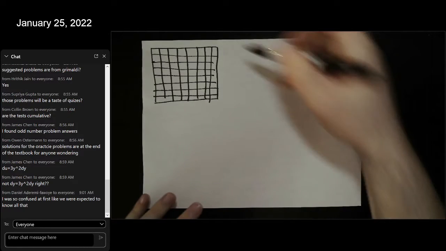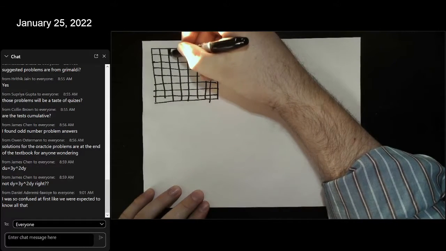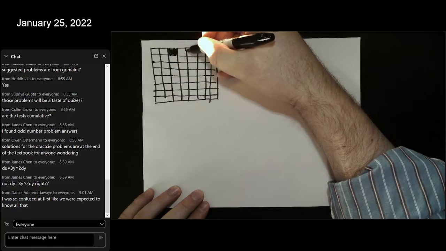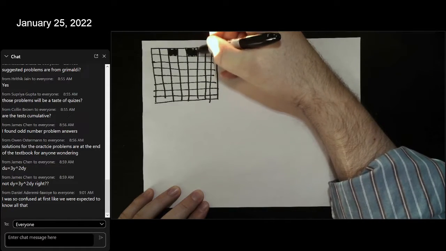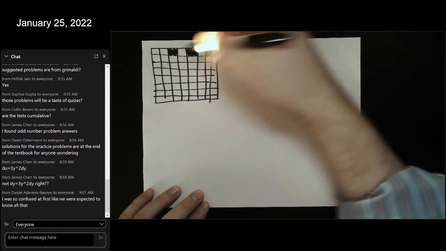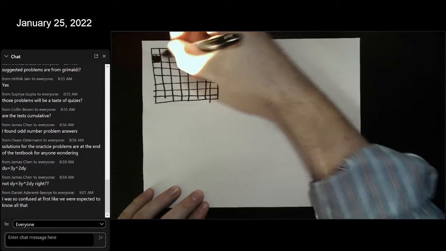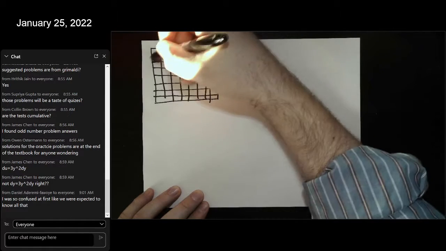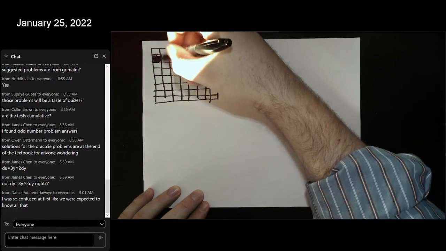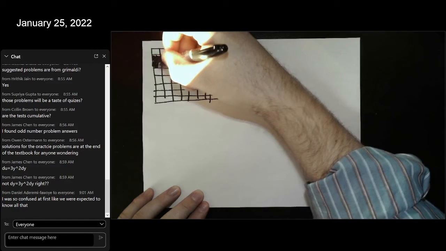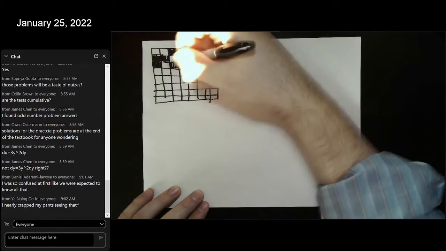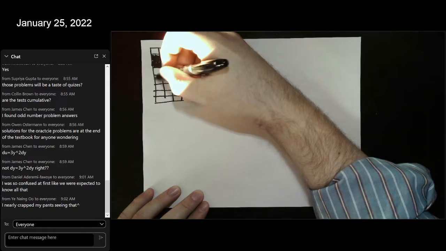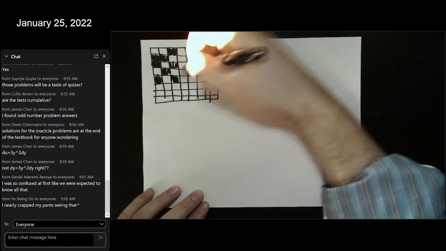So it's chess or checkers, whichever you prefer. Every other square is black and white. I've done something terrible. Sorry, that square should be white. Failed my checkerboard pattern right away.